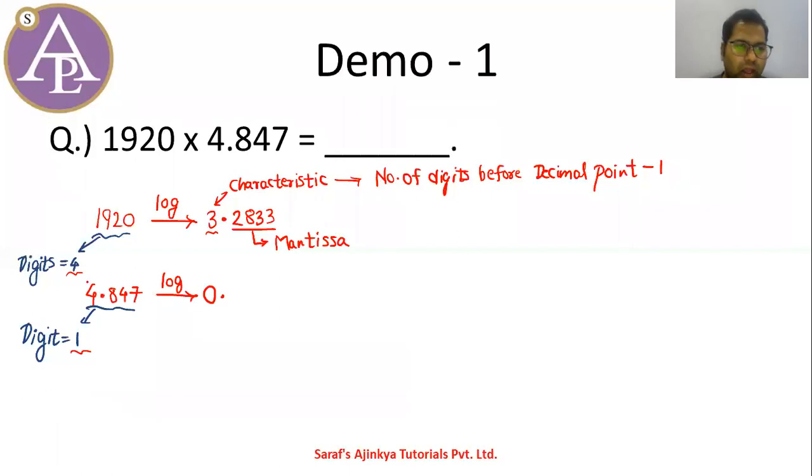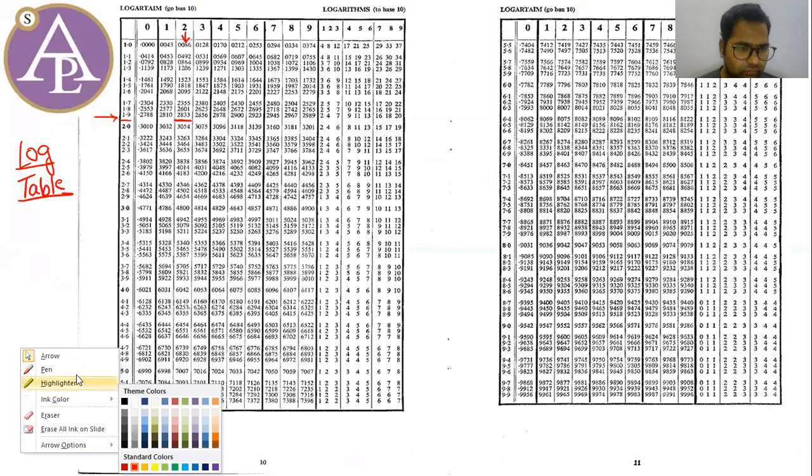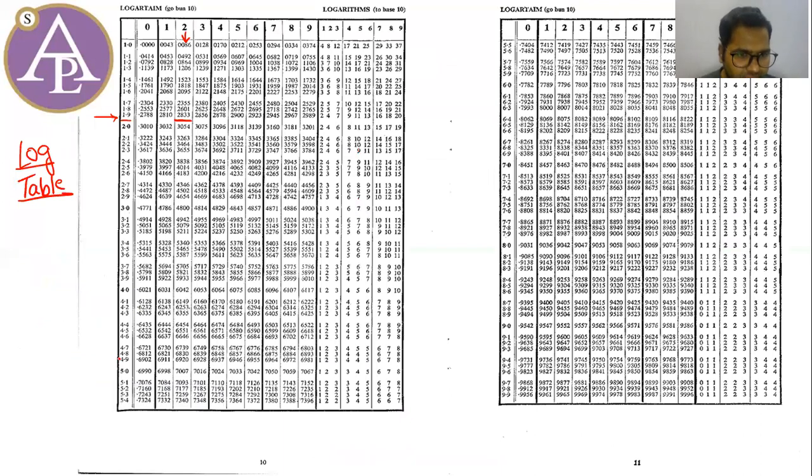Now our number is 4847. So how will I find the mantissa? To find the mantissa, I will go to the log table, and our number is 4847. Our number is 48. Can you see 48?